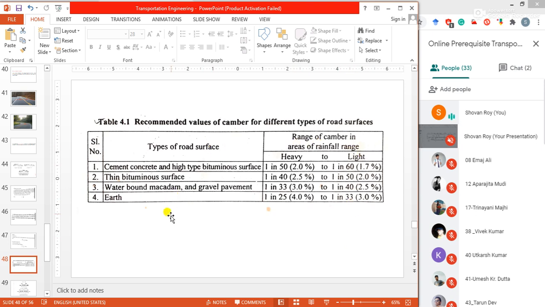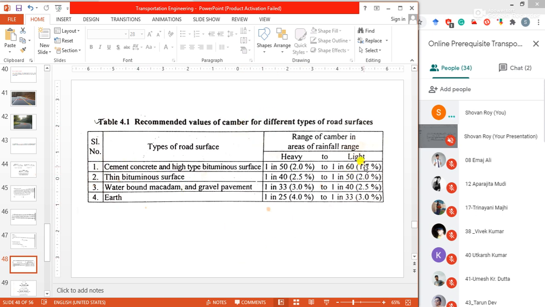You have to learn these values by heart for the exam, because these values will not be provided in your exam.